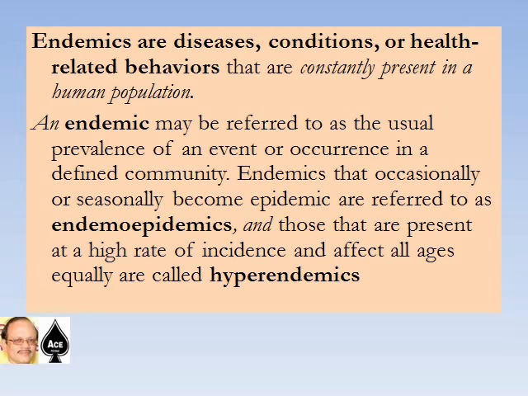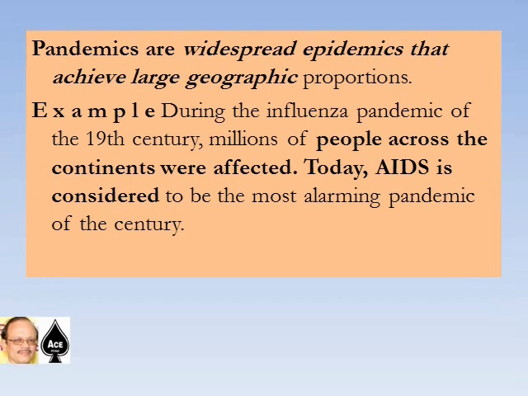Endemics are diseases, conditions or health related behaviors that are constantly present in a human population. An endemic may be referred to as the usual prevalence of an event or occurrence in a defined community. Endemics that occasionally or seasonally become epidemic are referred to as endemo-epidemics, and those that are present at a high rate of incidence and affect all ages equally are called hyper-endemics.